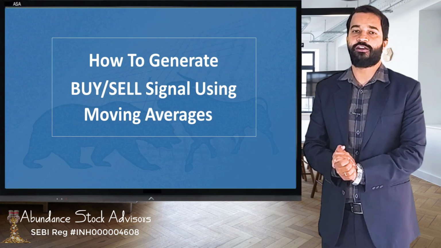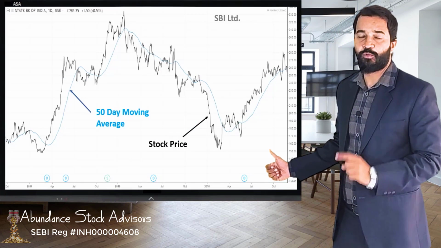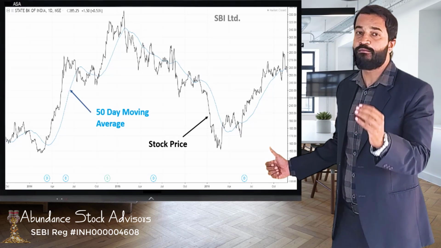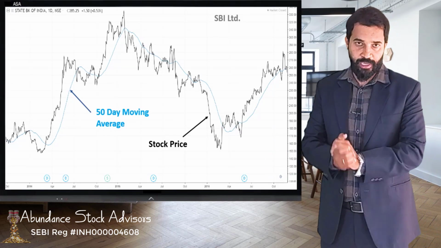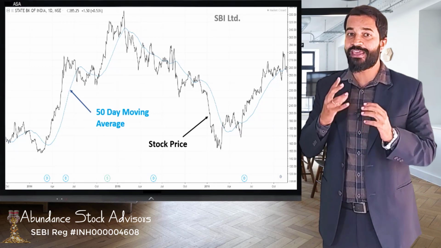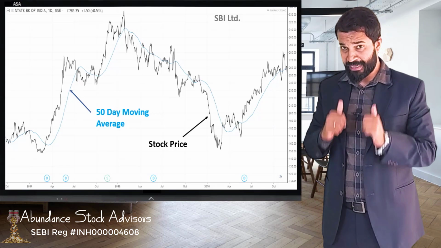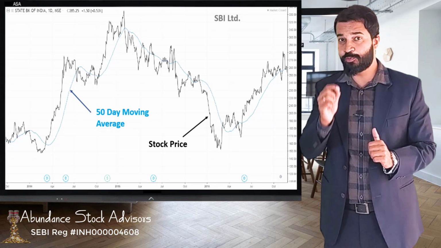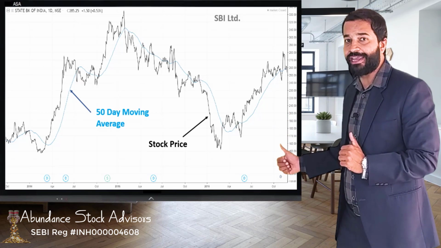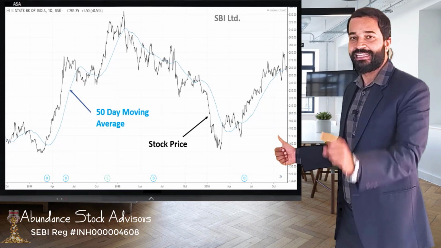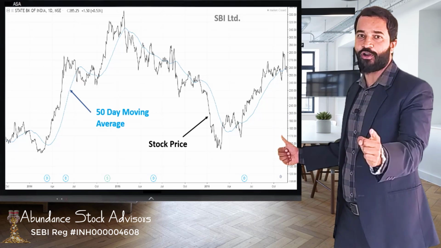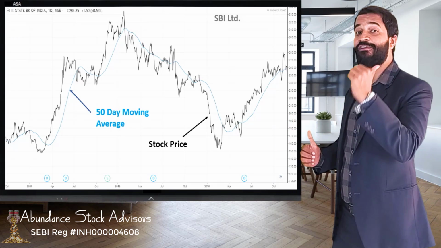Consider the daily chart for SBI with a sample of 50-day moving average plotted. If you plot a 50-day moving average on a chart, it means that each point on the moving average line represents the average price of the stock in the past 50 days.